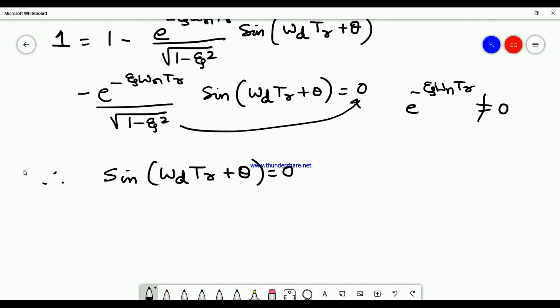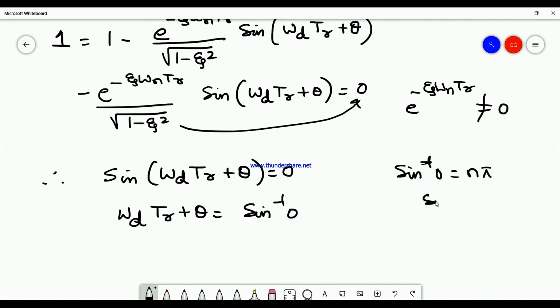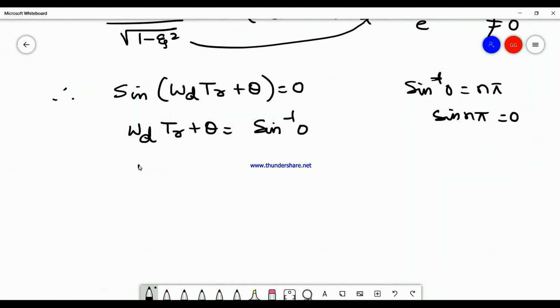So now finally what we get, omega d TR plus theta equals sine inverse of 0. Sine inverse of 0 would be equal to, in mathematics, n pi, where sine n pi is actually equal to 0. So I will substitute that n pi here. I get omega d TR plus theta equals n pi.